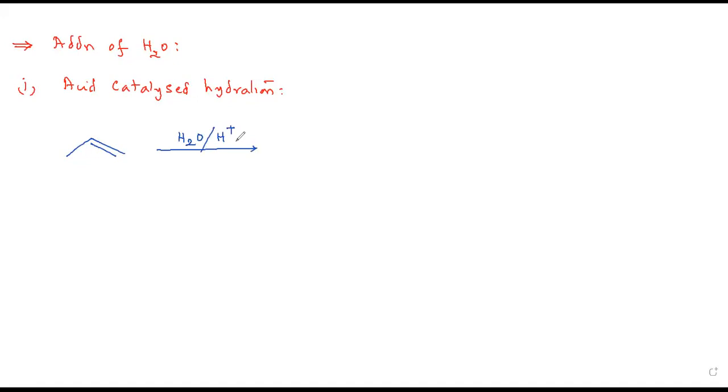Acid catalyzed hydration, or else simple dilute sulfuric acid. One thing I would like to say is dilute sulfuric acid adds water, whereas concentrated sulfuric acid removes water. Dilute is a hydrating agent, concentrated is a dehydrating agent. Now, the product that we get here is isopropyl alcohol.